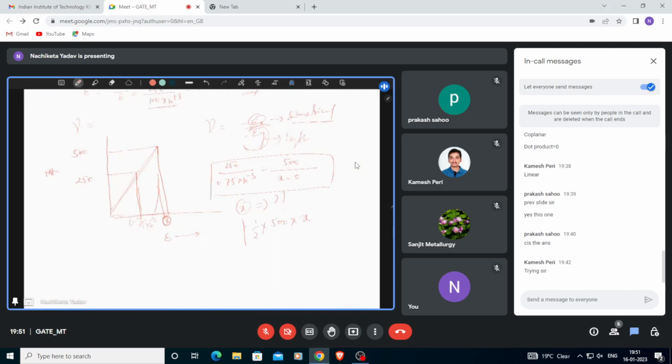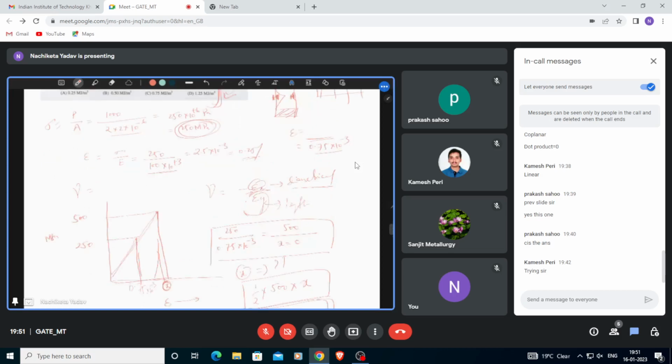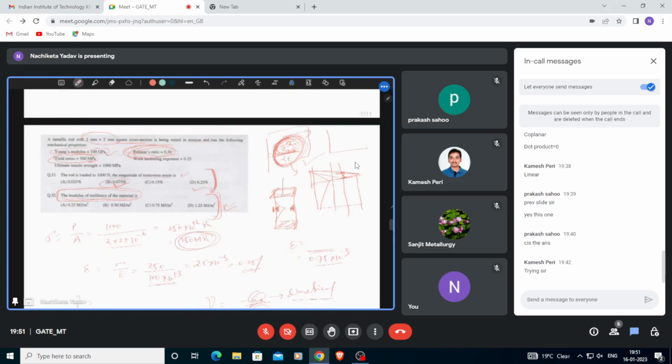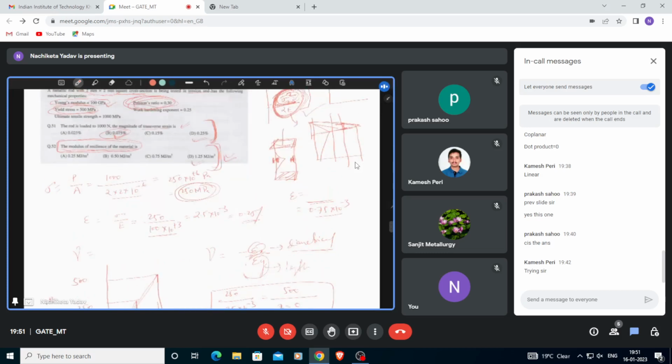There is no need to change it in yield stress. 1 by 2 into yield stress into strain, and this is your yield stress, and this is strain up to yield stress. Is it okay? You can apply this one also. So we are getting this one, right?